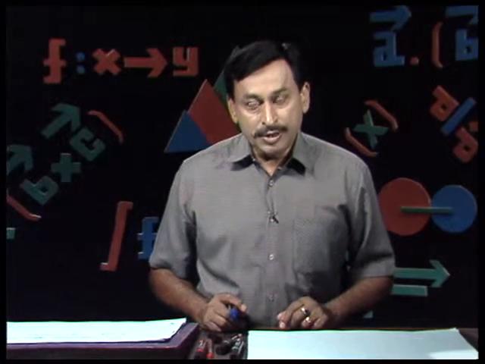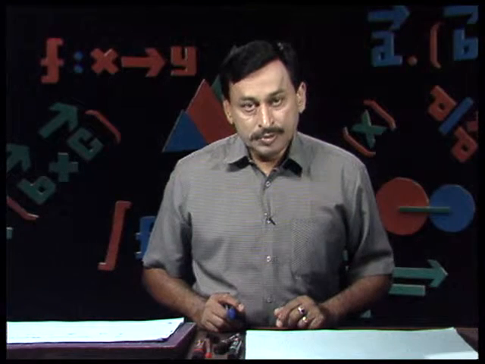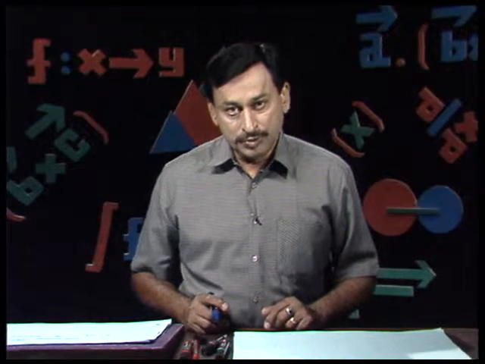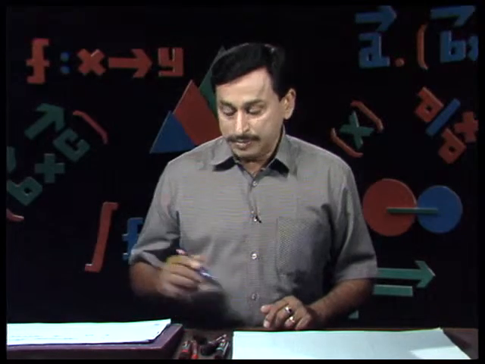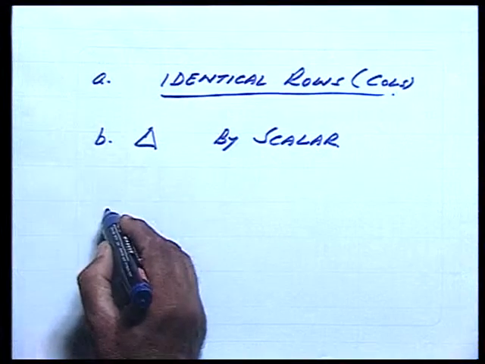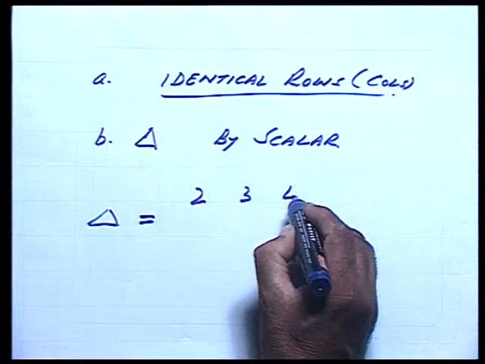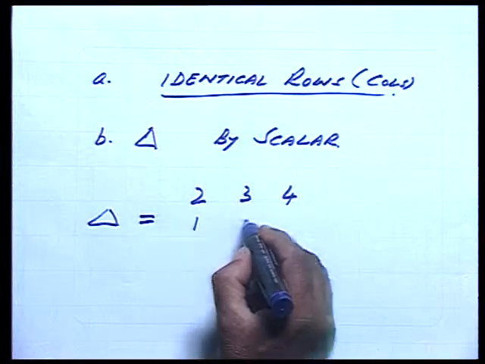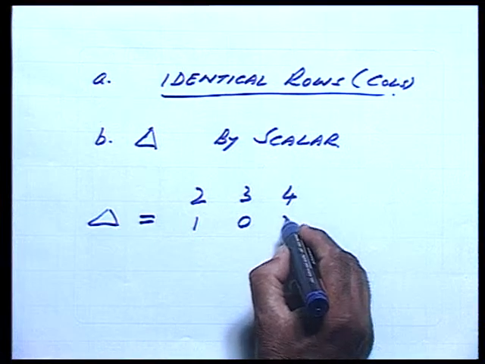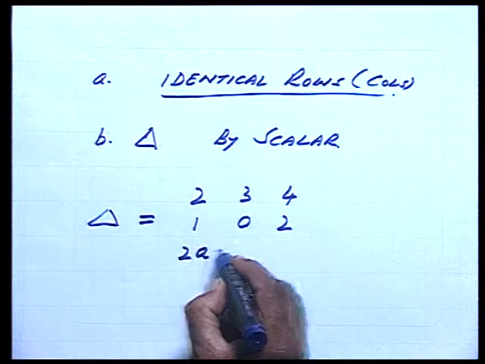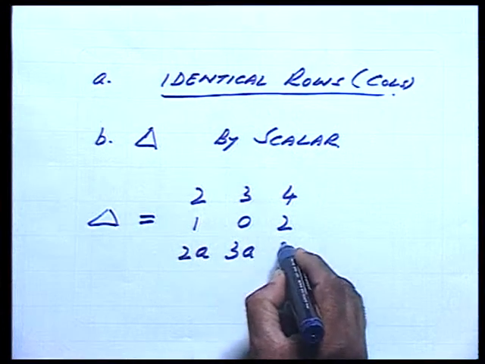Now, in case we have another look, we find another determinant where the two rows may not be exactly identical, but there is another sort of relation between the two. I write a determinant of that sort. See, this is the determinant, say delta, which is 2, 3, 4, and this is 1, 0, 2, and now this is 2a, 3a, 4a.